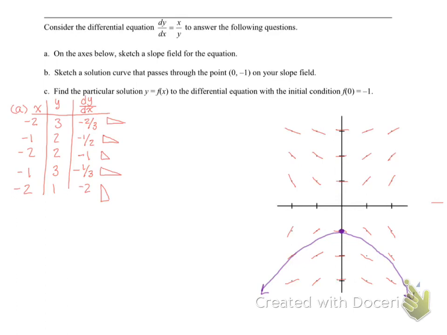For part C, it says find the particular solution y = f(x) to the differential equation with the initial condition f(0) = -1. So we're just going to find the particular solution. We do our separation of variables. Here I can cross multiply, so I will have y dy equal to x dx.